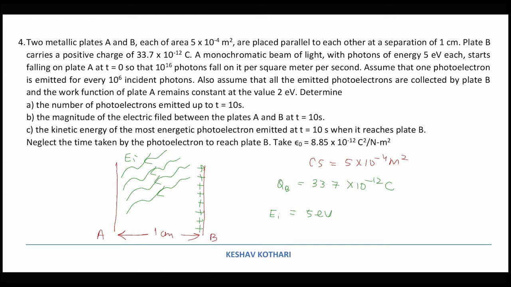So now we are saying the number of photons falling on plate A, if we calculate it, we can write it as 10^16 into the area, that is 5 × 10^-4.